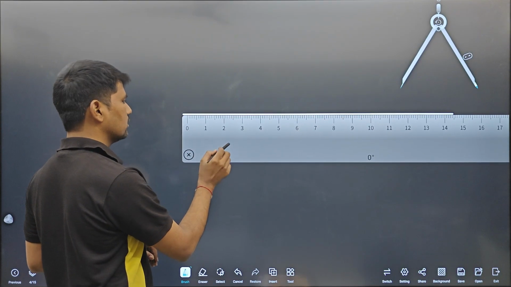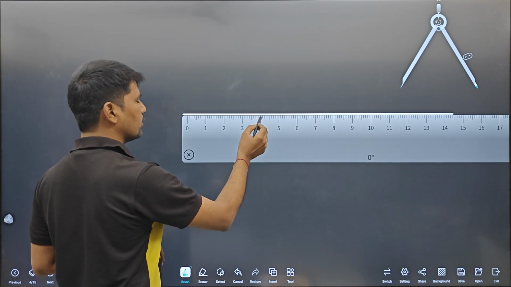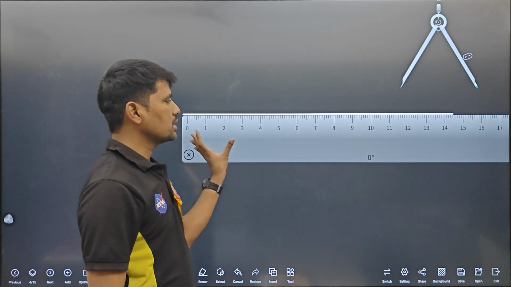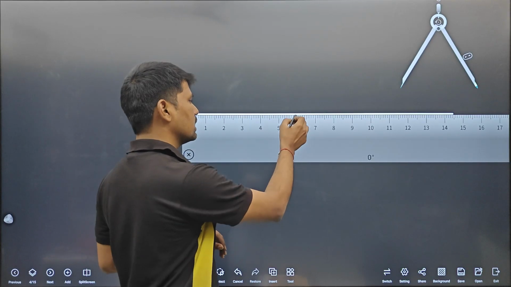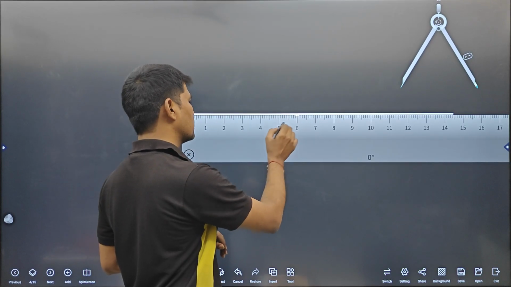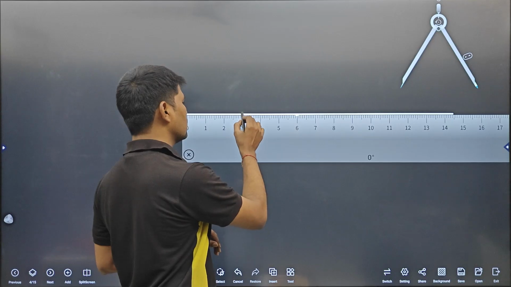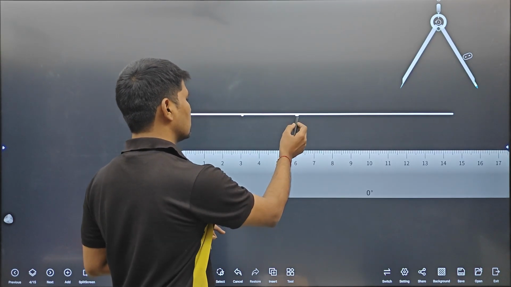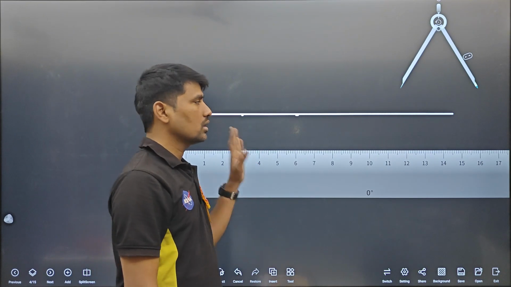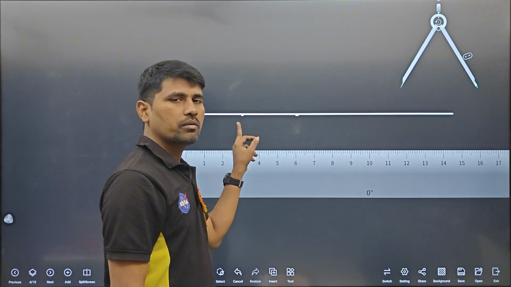Here I am taking 6 centimeters, marking it here. 6 centimeters means the focus is at 3 centimeters. This is 6 centimeters and this is 3 centimeters. If you take 4 centimeters, take the focus at 2 centimeters.